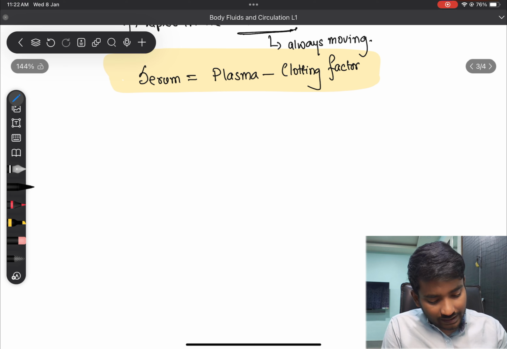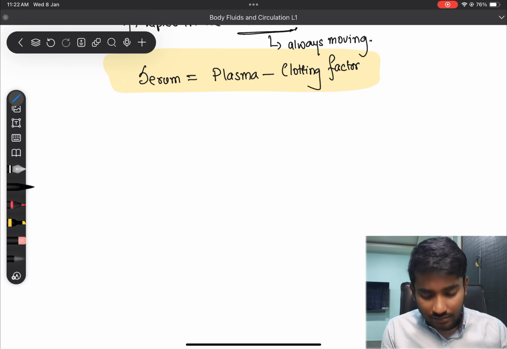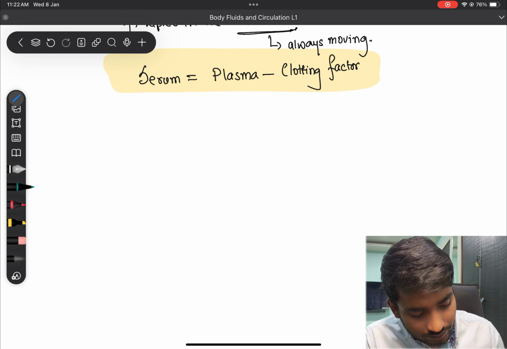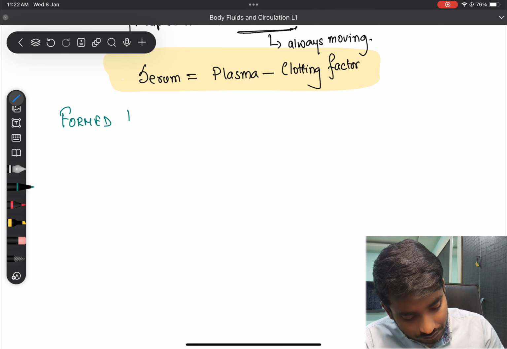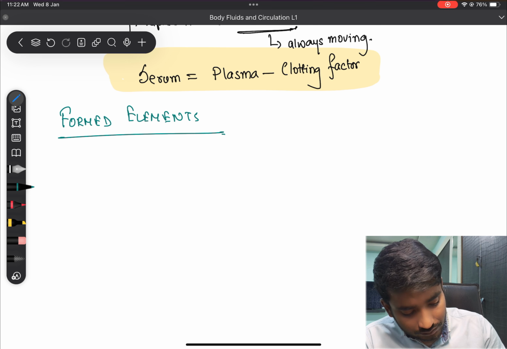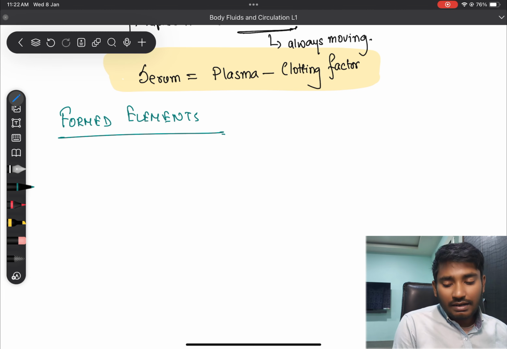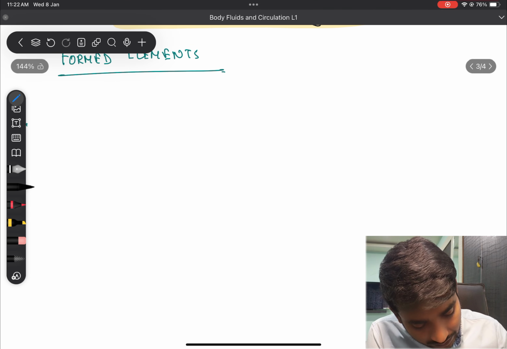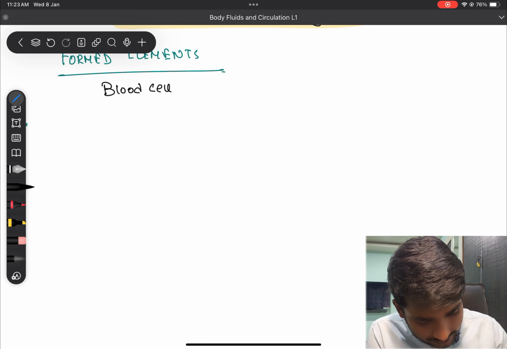So now come to the next topic. Give the heading as formed elements. Formed elements are the blood cells.